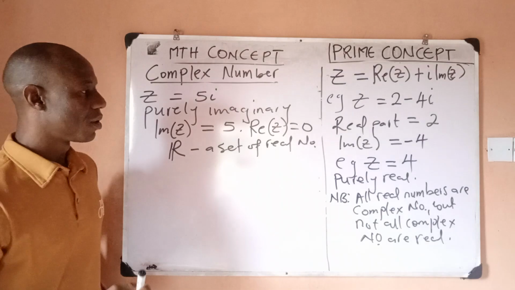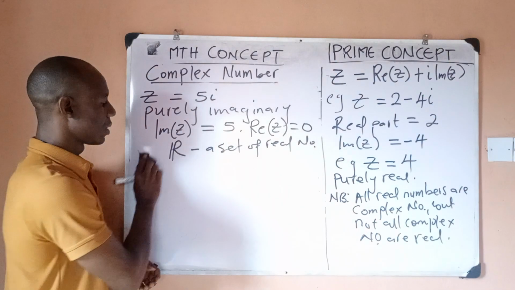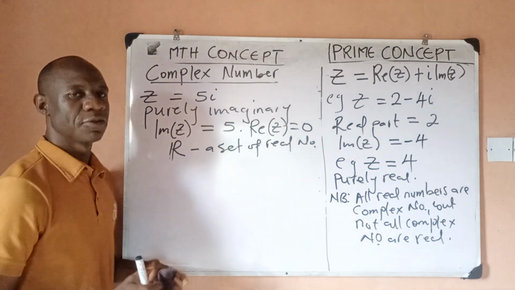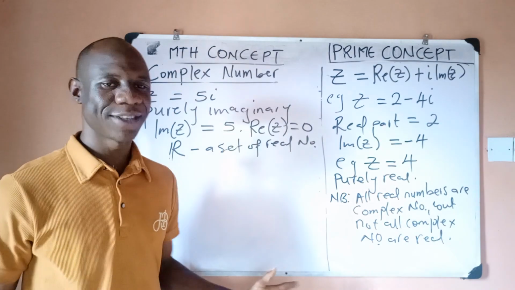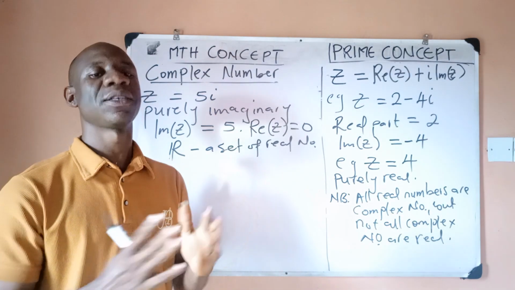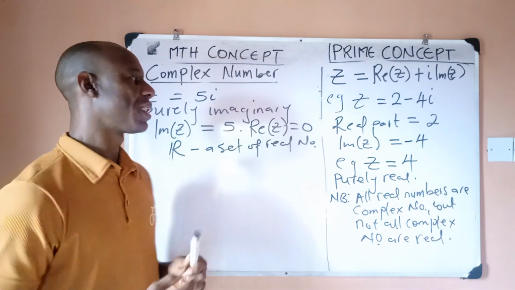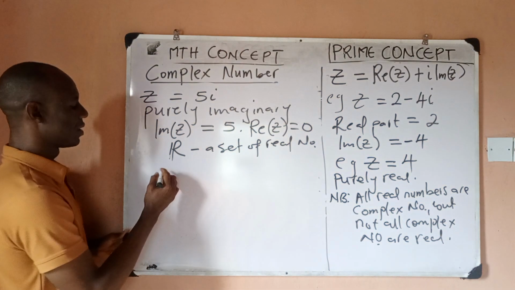But I also want you to know that a set of complex numbers, a set that contains all the numbers you can think of, which are members of the complex set or plane, is denoted as this.